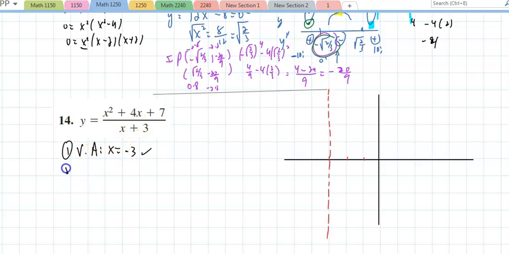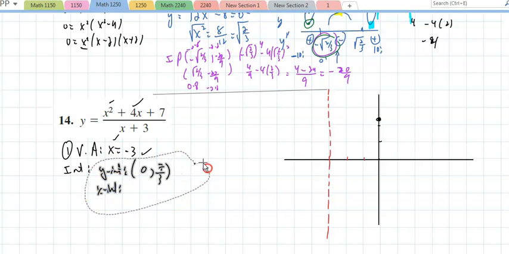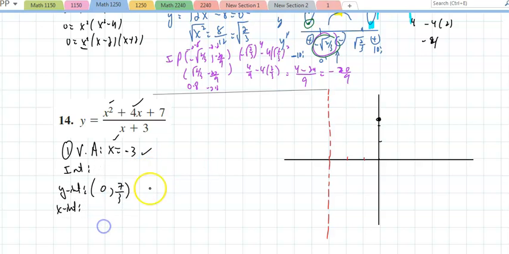If I take the intercepts, y-intercept, if I replace x by 0, that's 7/3. 0, 2 and 1/3. Again, you could use your calculator to figure out where that is. And how about the x-intercept? If I set the top equal to 0, where would x squared plus 4x plus 7 equal 0?